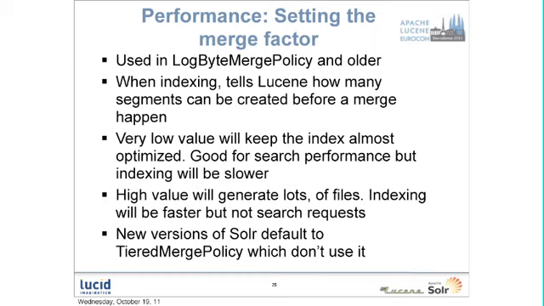Let's talk now a little bit about performance, indexing performance. I'm going to talk about the merge factor. Merge factor is a parameter I've found very, very useful to understand how it works, because it can speed things up in search or in indexing time. It depends. This merge factor parameter is used in the LogByteSizeMergePolicy and older ones.